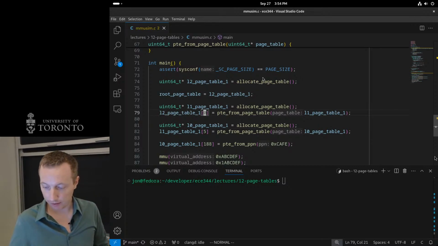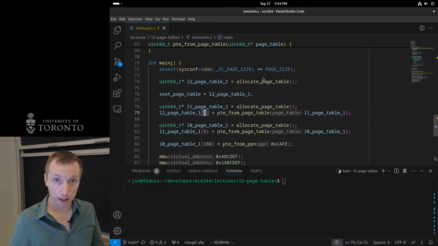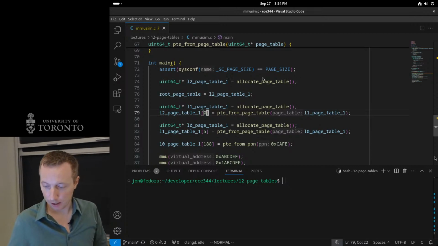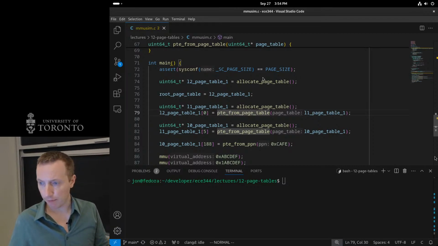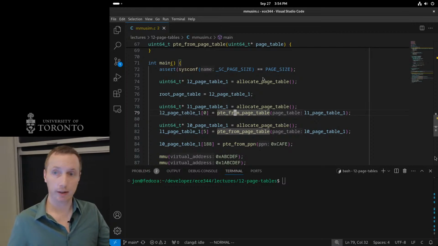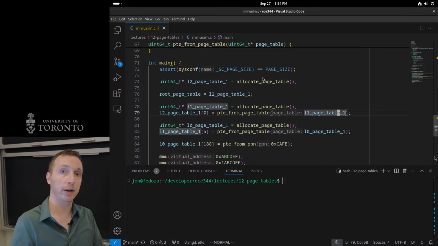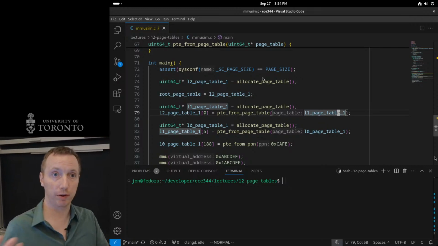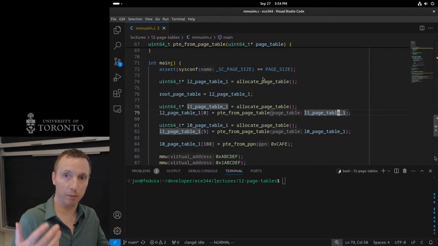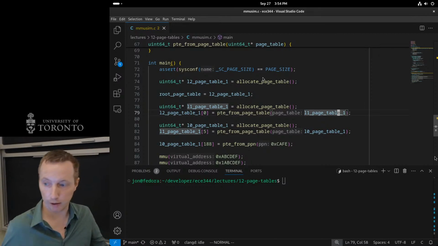At index 0 in the L2 page table, I have this function, page table entry from page table. It will basically take this address for the L1 page table and turn it into a page table entry. It extracts the physical page number for me and tells me whether or not it's valid.